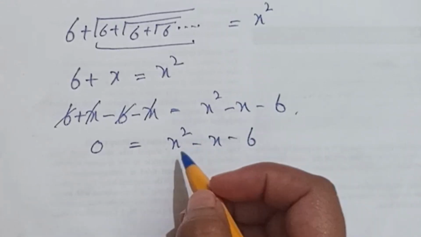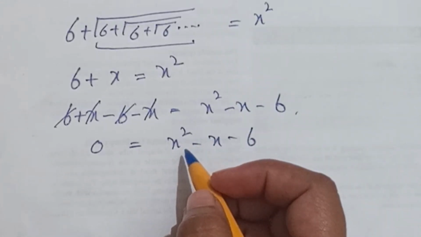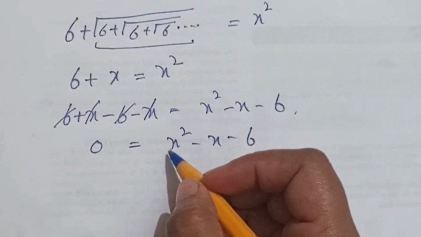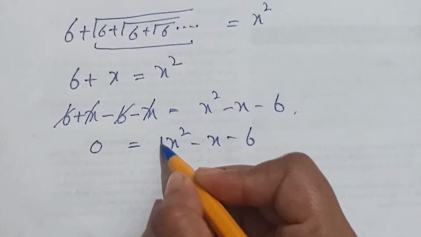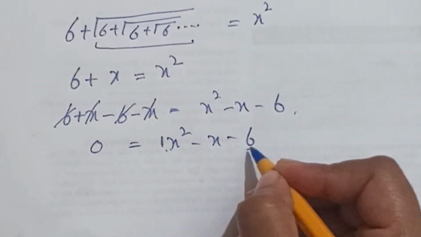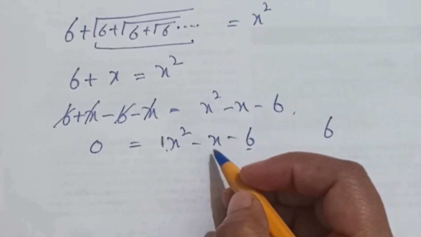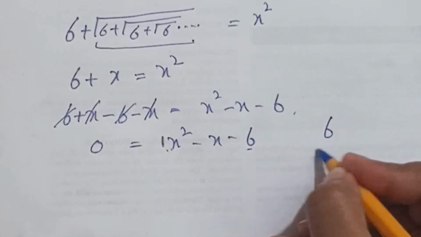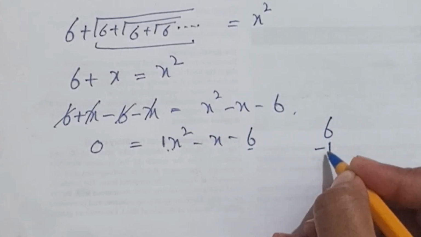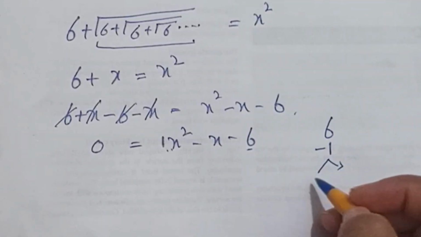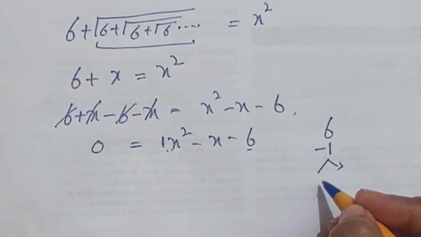Now this becomes a quadratic equation, so we factorize it. If we multiply the coefficient of x squared, which is 1, by the last constant, 6, we get 6, and our middle value is minus 1. Now we split this middle value, minus 1, into two numbers such that when we multiply these two numbers, we get 6.